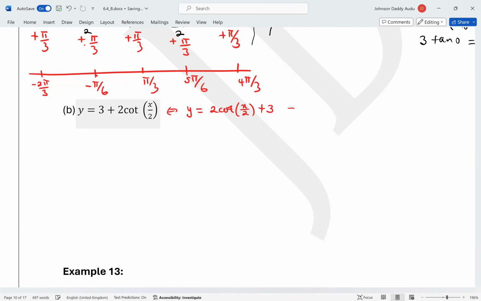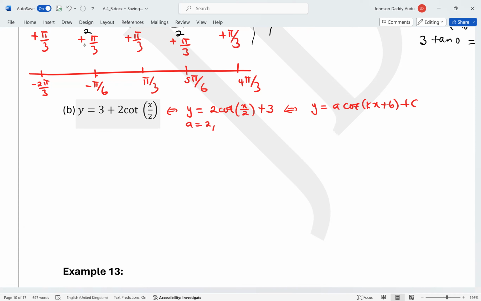If you compare with y equals a cotan kx plus b plus c, it means that our a is going to be 2, but this a in this case is not the amplitude.